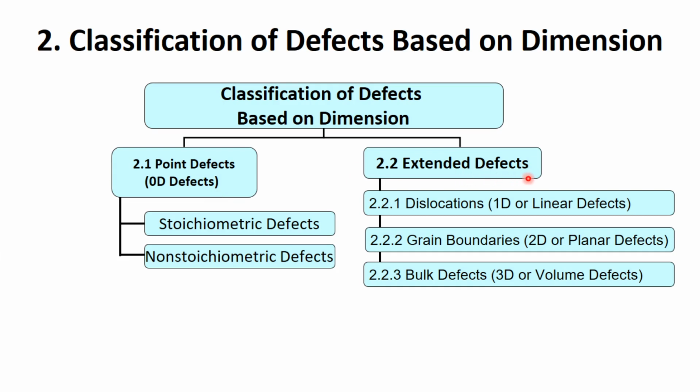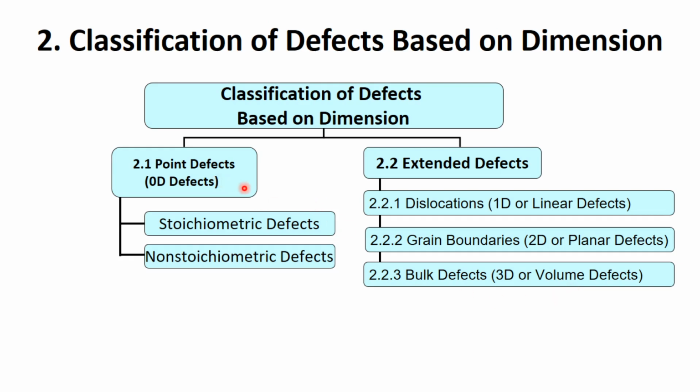Whereas extended defects can be further classified into dislocations, which are 1D or linear defects that happen along a line, grain boundaries, which are 2D or planar defects that happen along an XY plane. Lastly, bulk defects, which are 3D or volume defects.